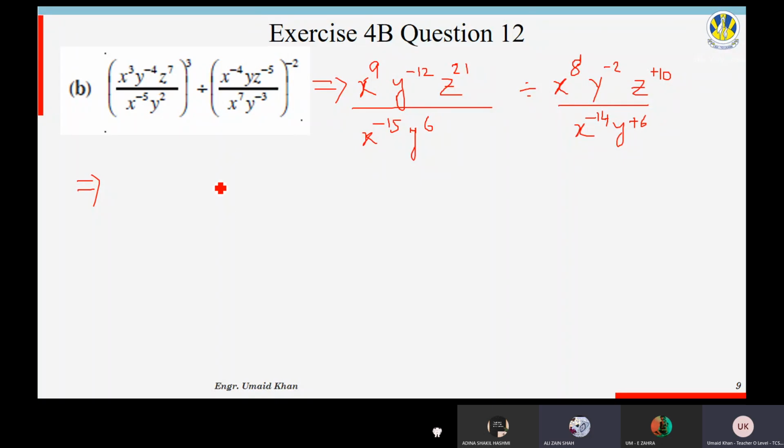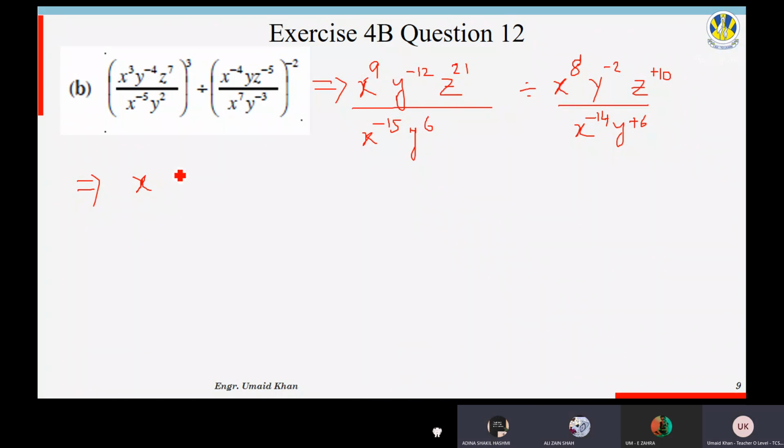Okay, what will be the next step? We will divide the numerators from numerators and denominators from denominators. Okay, so what will be the final power on x? X9 in the numerator, x minus 15 in the denominator.